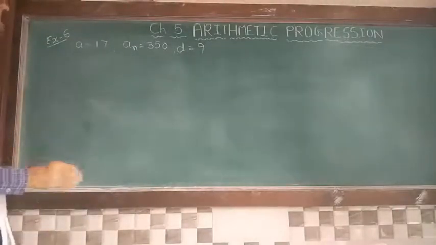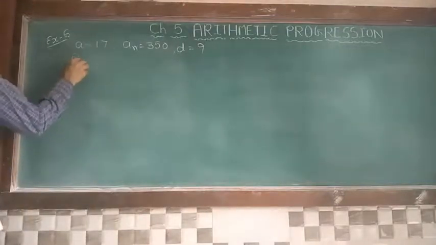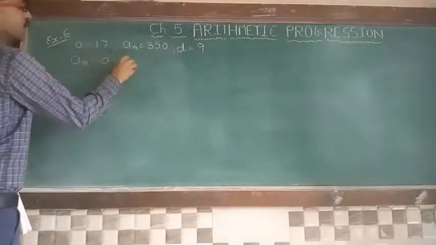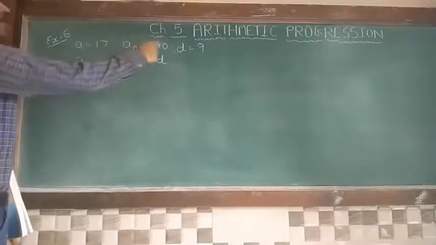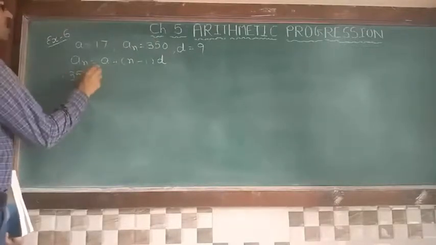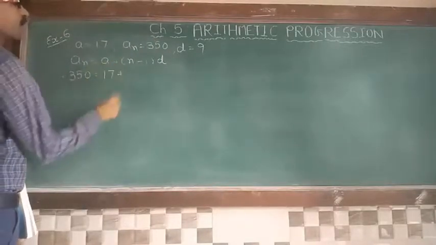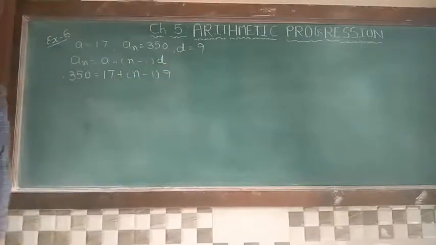So you have to find n. How many terms are there? So here an is equal to a plus n minus 1 into d. Your last term is given to you, 350. So write down here 350 is equal to a, which is 17, plus n minus 1, and d is given to you, 9.